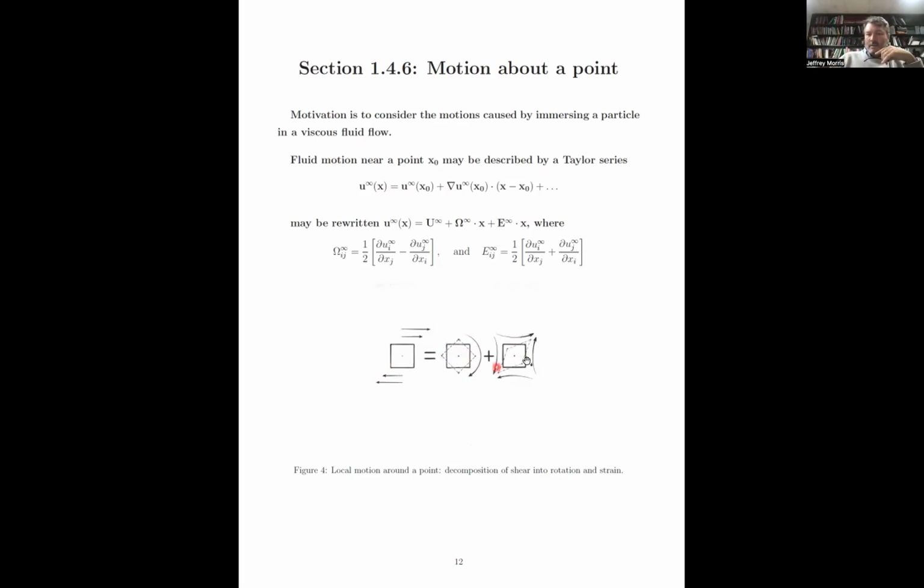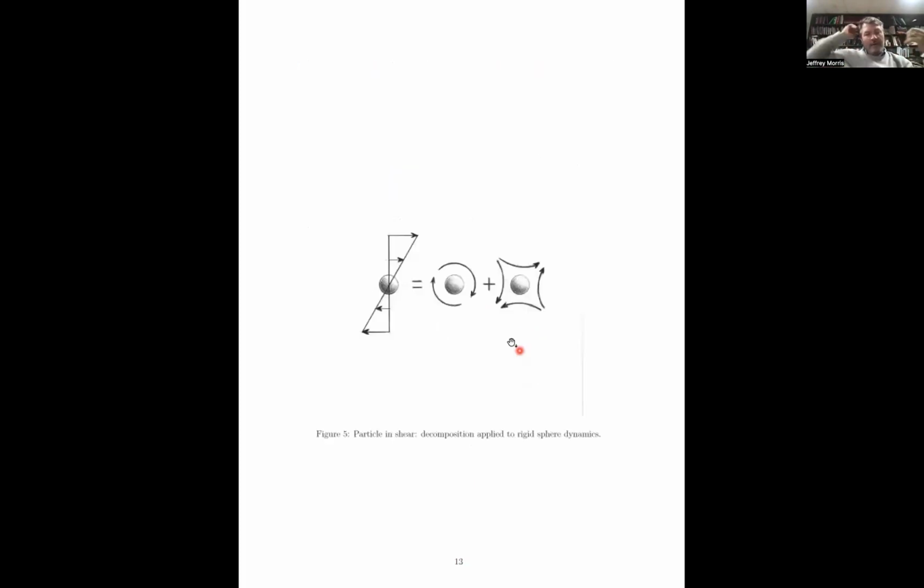But then it has this part which both compresses and extends the flow without changing the axes. That is, it's just a straining motion which changes any vector in the field according to its length. And so for the case that we're thinking about, spheres in this flow, the sphere can actually sit in the part of that flow that's due to the rotation without disturbing it at all.